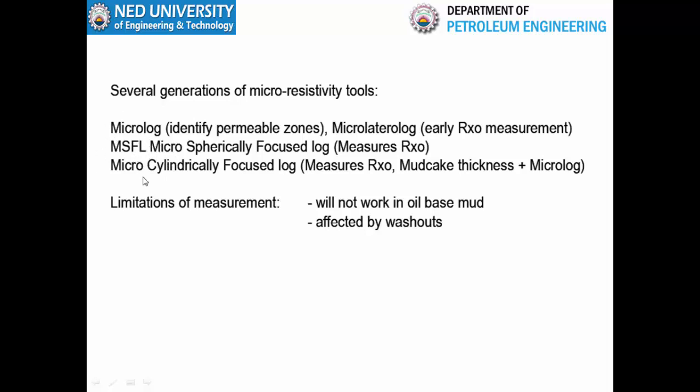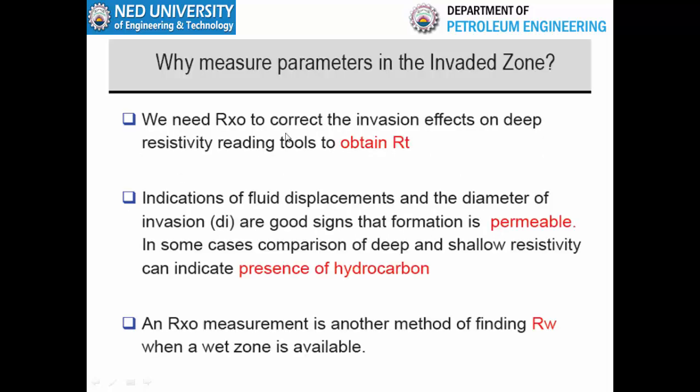All these logs or tools will not work in oil based muds, and all these shallow measurements are affected by your washouts. So when you have oil based mud, these tools cannot run, and these tools are very important because they provide you the RXO, and RXO is used to correct the true value of RT.